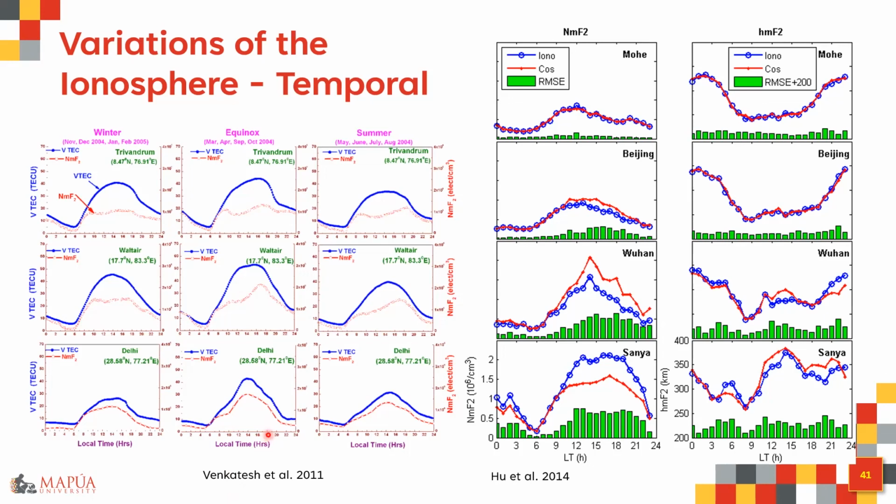And that is because of the zenith angle dependence of the Chapman layer. Also, as you go further north, ionization, or TEC and NmF2, decreases, just like this one. You go north downward, ionization decreases as well.